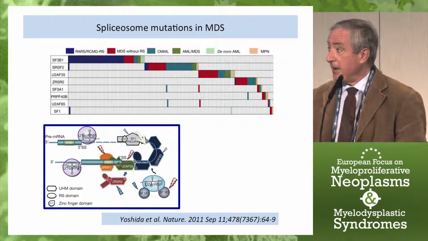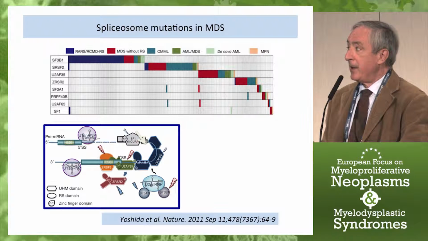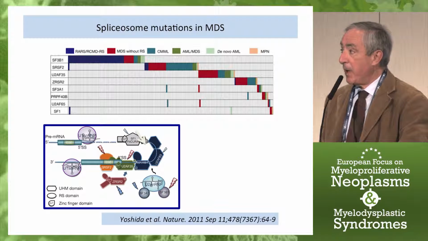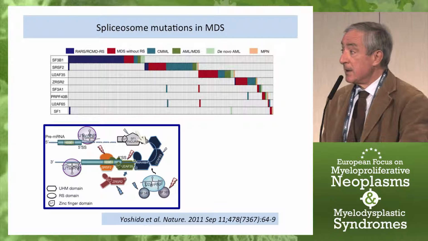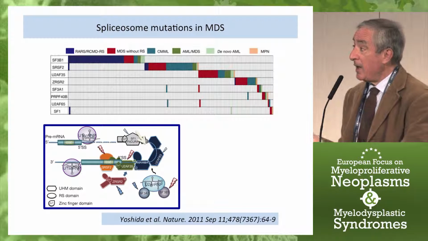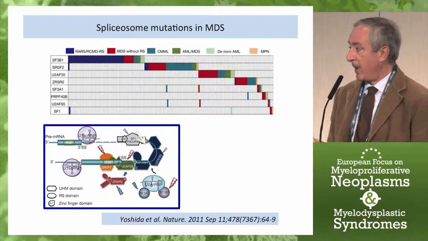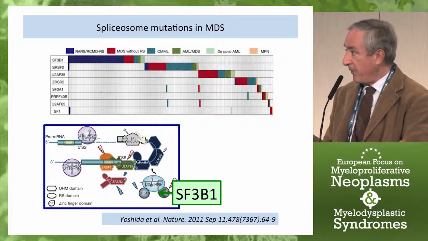In a previous study, Seishi Ogawa showed that there are different genes of the spliceosome mutated in MDS: SF3B1, SRSF2, U2AF1, ZRSR2, and with a few exceptions, these mutations are mutually exclusive. Let's just consider two of these genes, SF3B1 and SRSF2.